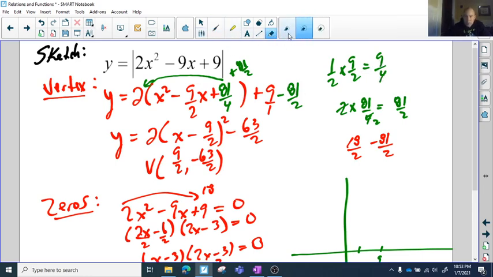So that's going to change a few things here. That's going to make this 81 over 16. So then when I multiply this by 2, 2 times 81 over 16 is going to be 81 over 8. So this should now be 81 over 8, and that will make this 81 over 8. So now that's going to change this number.